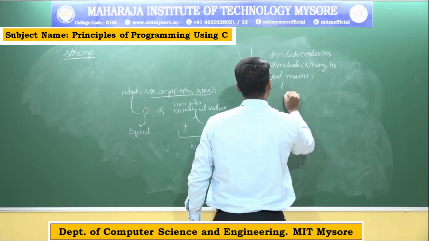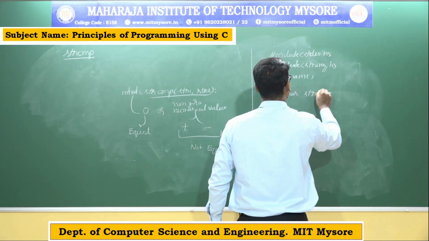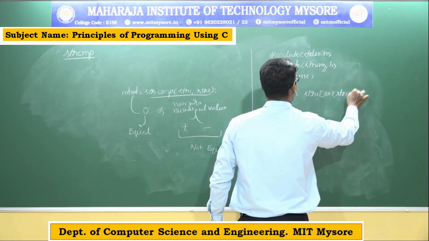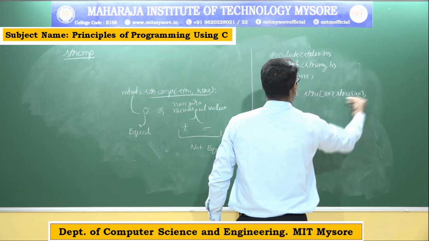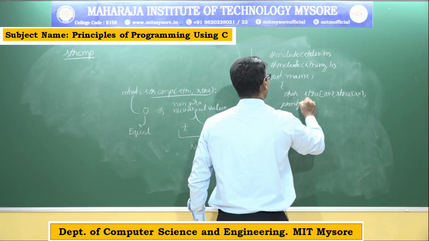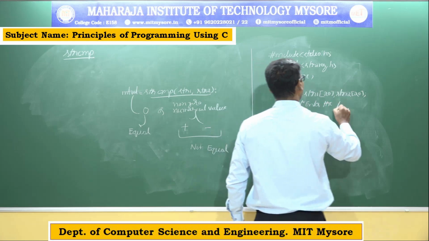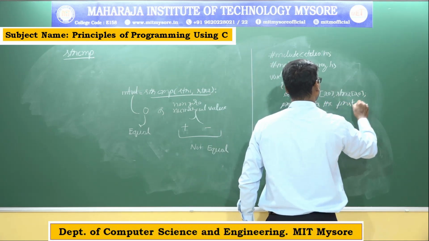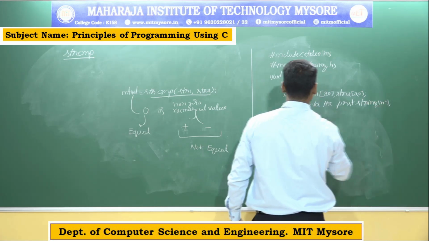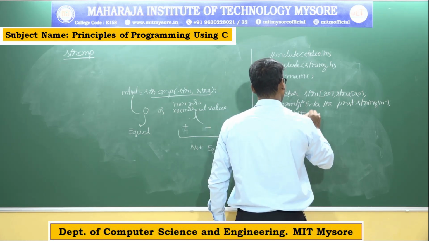We need two strings: char str1[20], str2[20]. Then printf("Enter the first string\n"). Here we can use the gets function, gets(str1).